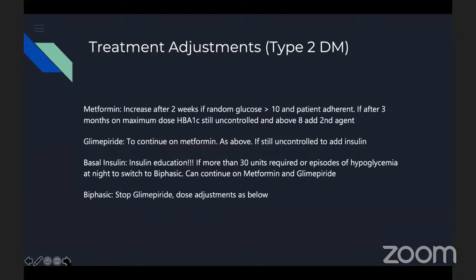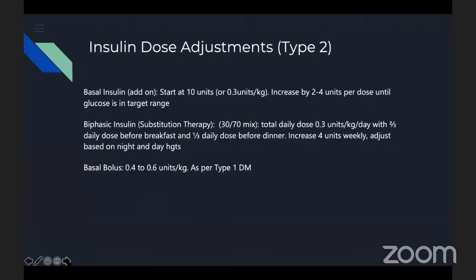And then obviously, if the patient isn't able to achieve glycemic control, then that's when you can start adding on other agents. Next slide, please. Thank you. So for insulin dose adjustments, it depends on the insulin therapy that the patient is receiving.